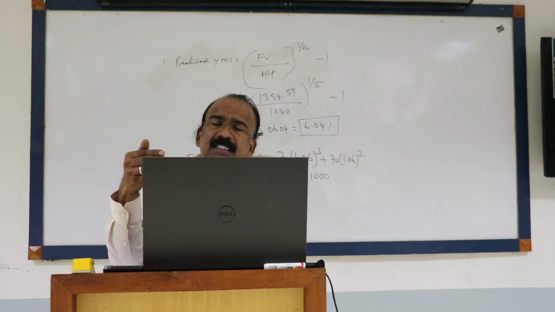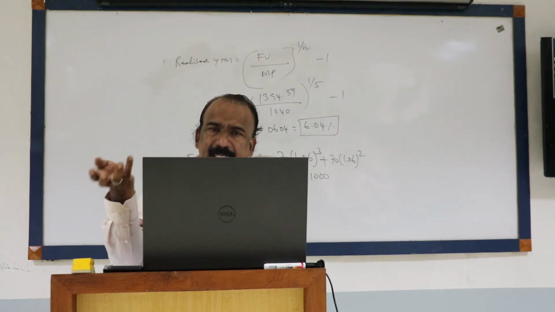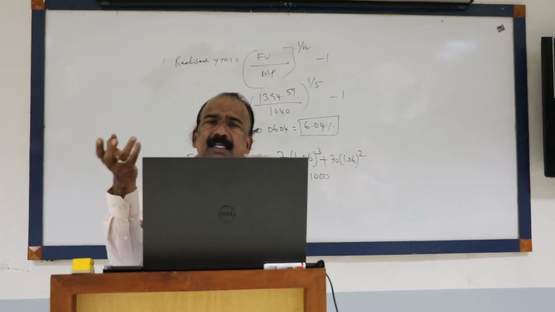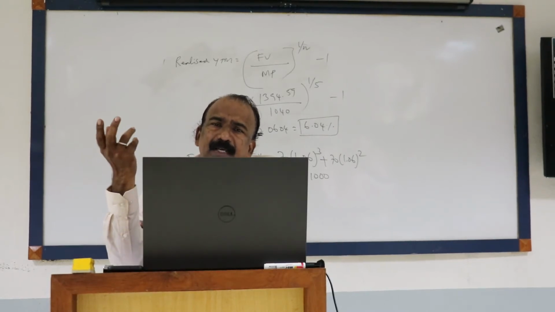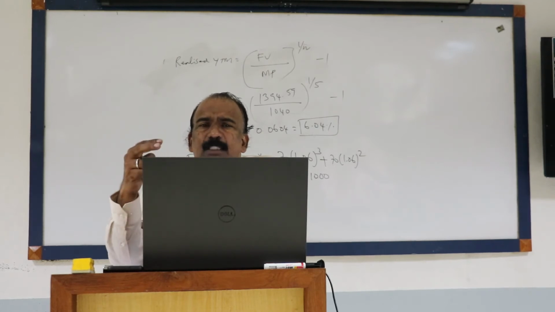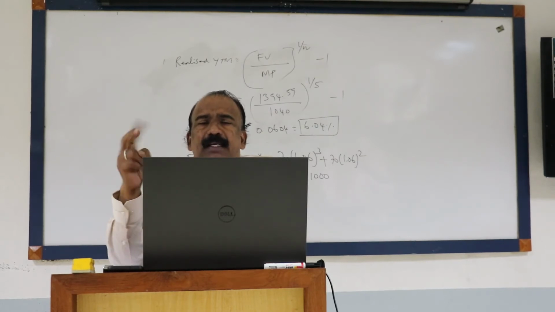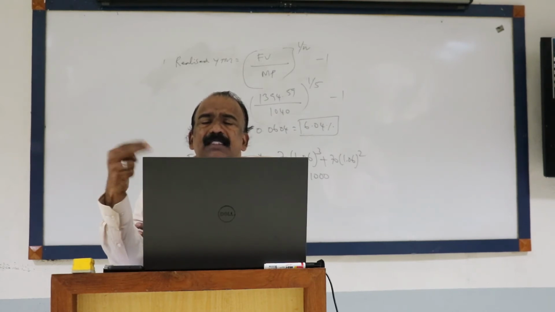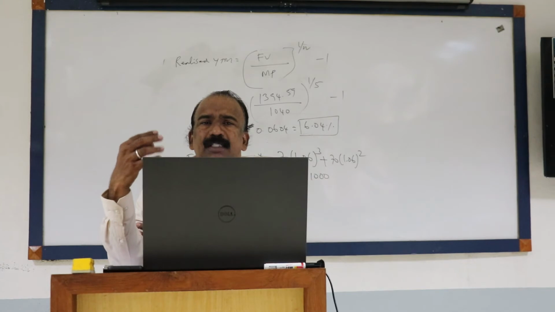If he reinvests at the same yield, the same YTM, the realized YTM will be the same. If the reinvestment rate is different, his realized YTM will be different because he is reinvesting.